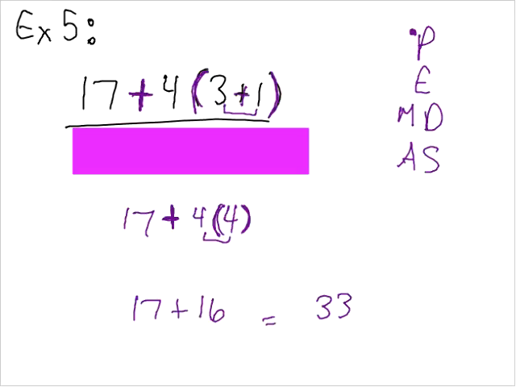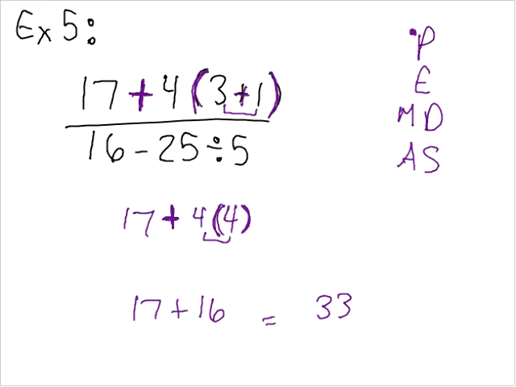You guys solved the top perfectly. Now I'm going to move this off, and we're going to work on the bottom. So on the bottom, I have a minus and I have a divide. So what part do you guys think comes first? I'm going to stick this right underneath there. A minus or a divide? The divide comes first. 25 divided by 5 is 5.